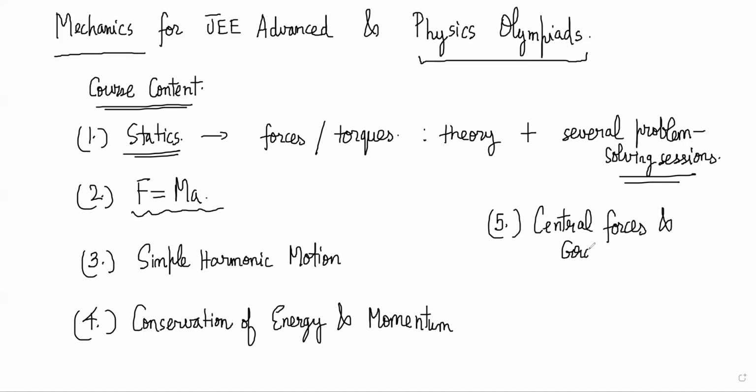So this is also a mathematically important chapter. Just like the simple harmonic motion chapter, it will involve a lot of differential equations, and we learn the mathematical basis for gravitation and problems involving that.